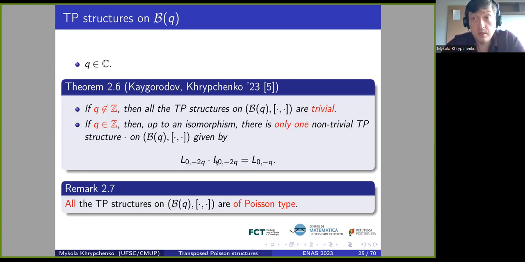If Q is zero, you can see that this is just L0 squared equals L0. So it's the unique, up to isomorphism, non-trivial product defined on a one-dimensional subalgebra and extended by zero. So this is just a Poisson type TP structure.